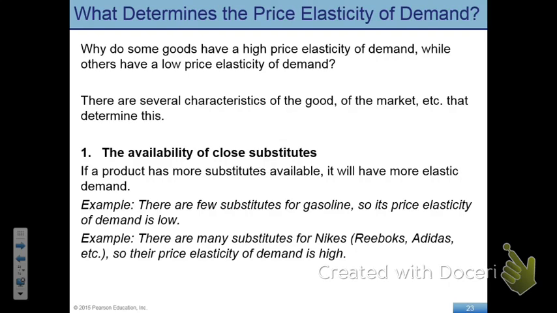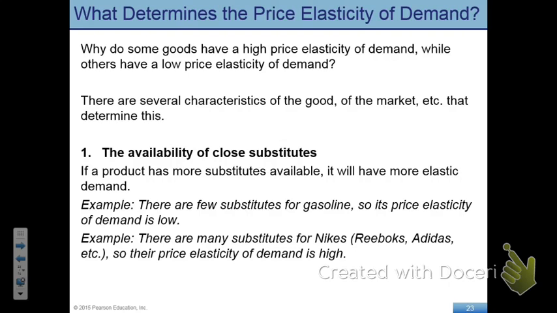Meaning that our consumers really don't have any option to buy anything else when price changes. So when consumers don't have any option of buying anything else when price changes, quantity demanded doesn't really change. Hence our demand curve is going to be price inelastic if the good does not have any close substitutes.